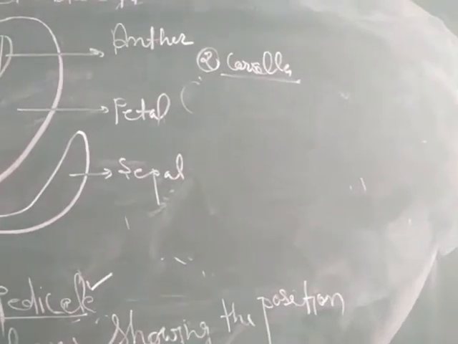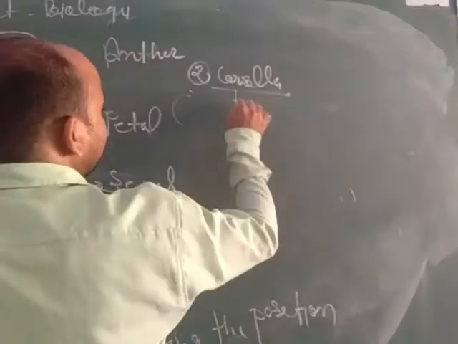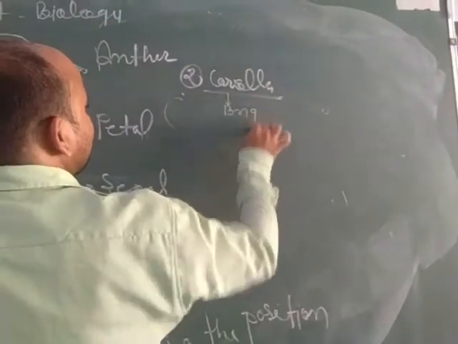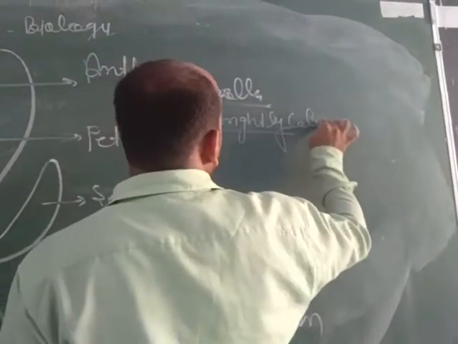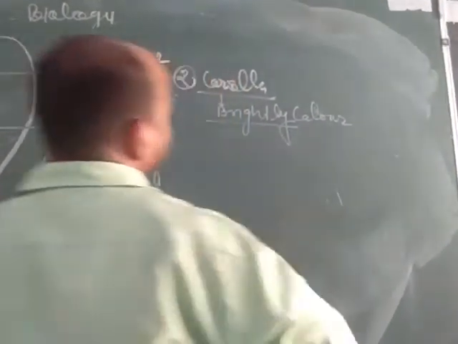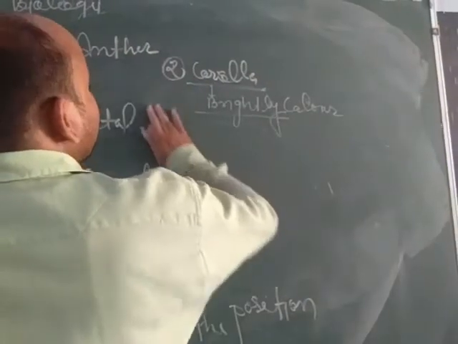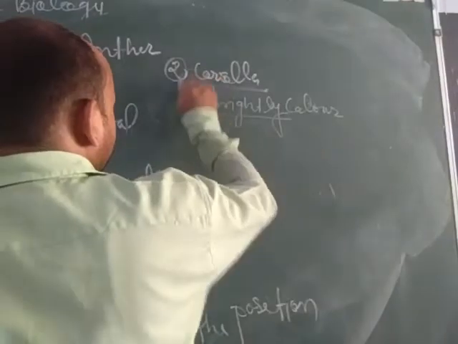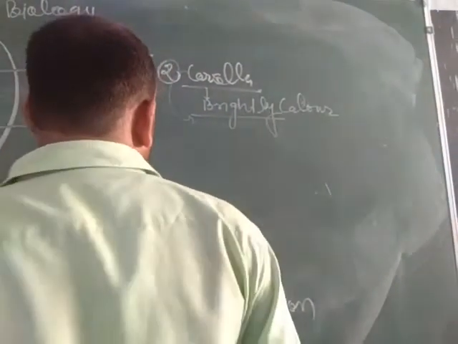It is of different colors, brightly colored, attracting insects for pollination and for providing nectar, which insects want from the flower.